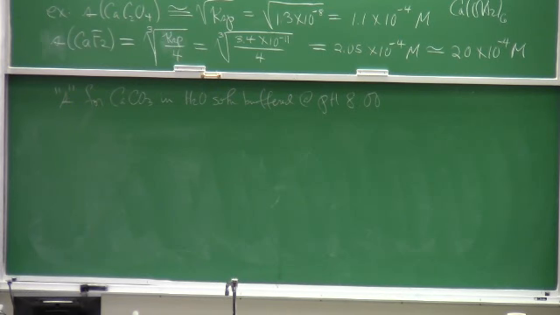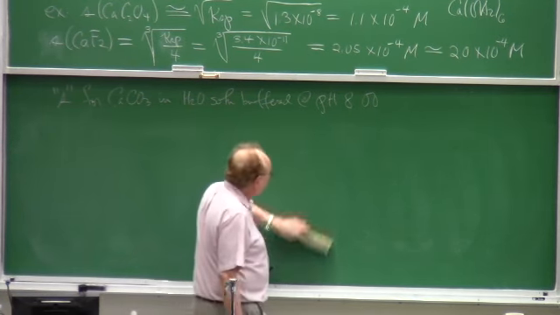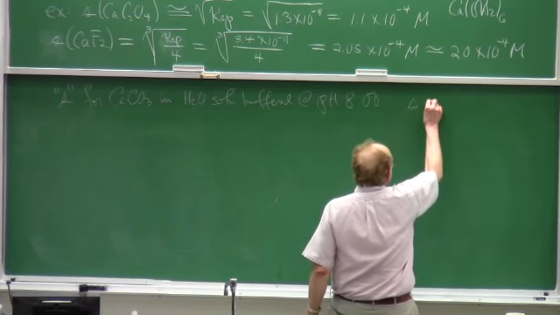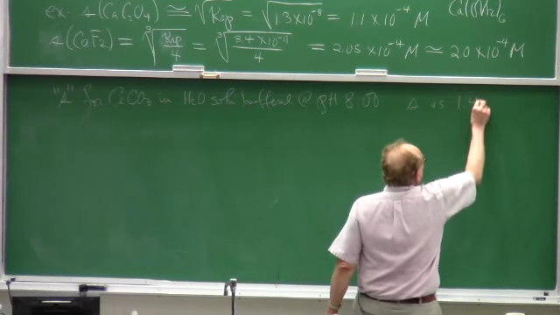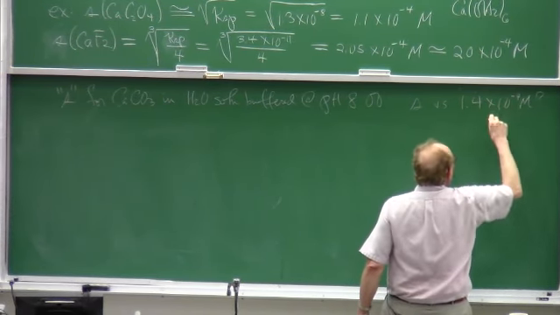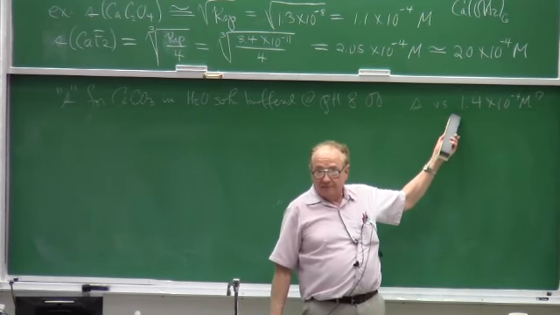Here we're going to have the pH remain at 8.00 because the system is buffered. How will S for calcium carbonate in this system compare to this number, because this is the solubility in straight water.